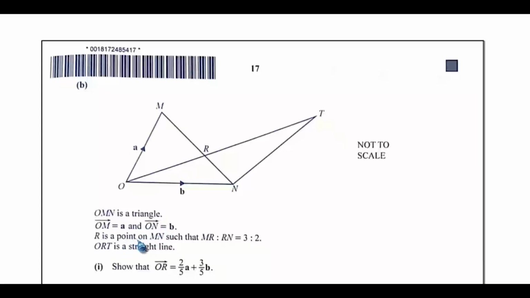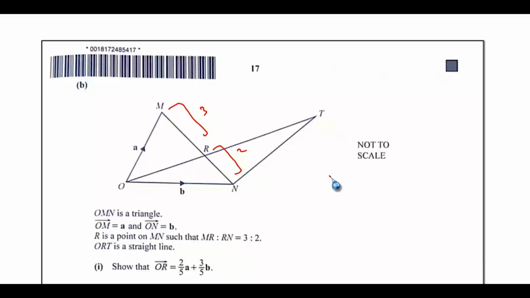OM is equal to A and ON is equal to B. R is the point on MN such that MR to RN equals 3:2. MR, that is this one, to RN, so this is 3:2. Okay, so we can easily get the values of MR and RN respectively.